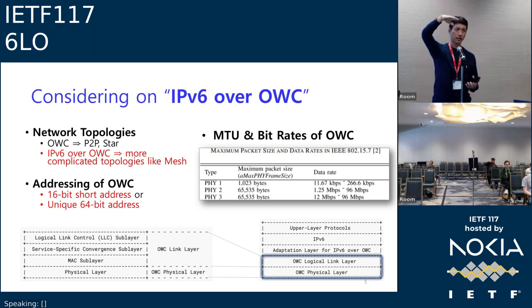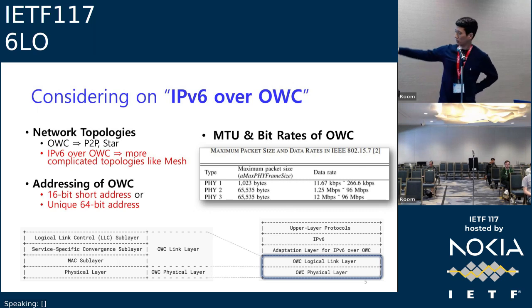The other one will be a fast device. And the feature is the topology with the two OWC link layers, and on top of that, the adaptation layer, IPv6 over OWC. The next slide, please.